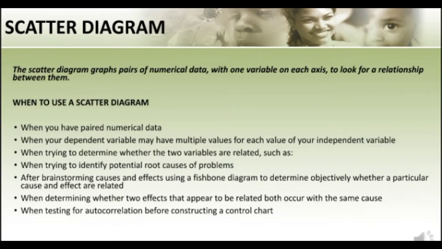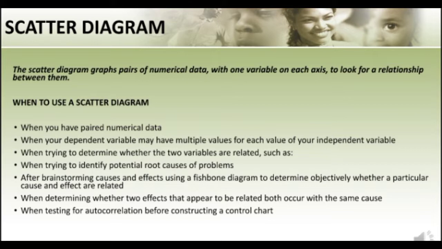So, when to use a scatter diagram? The first is when you have paired numerical data. Second, when your dependent variable may have multiple values for each value of your independent variable.